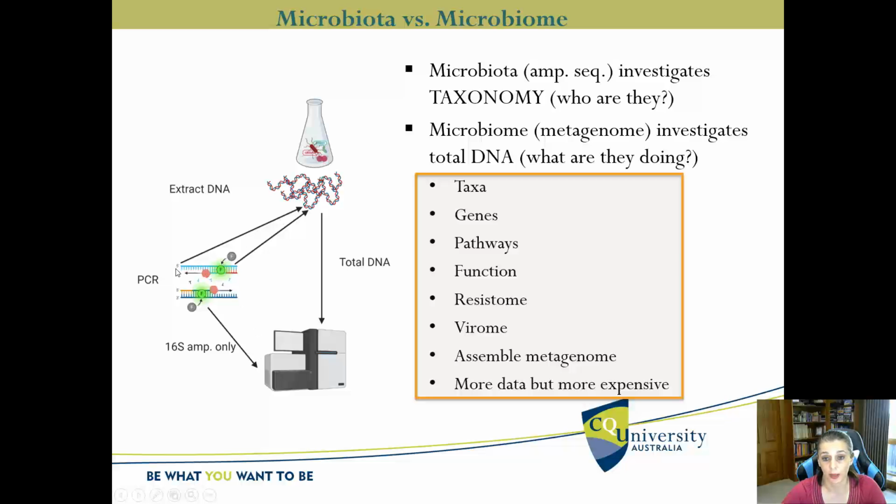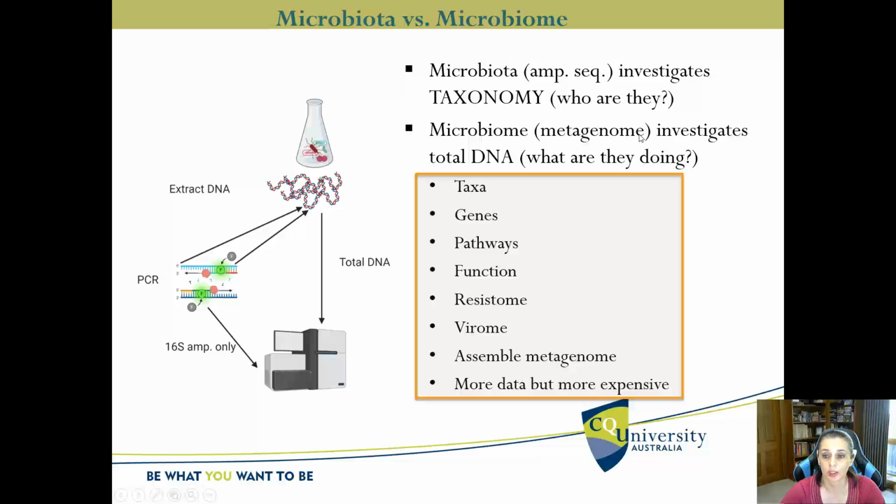It's much cheaper, about 10 times cheaper than sequencing total DNA. And it gives you taxonomy only, because you're sequencing part of a gene that can tell you who they are. Microbiome is the type of analysis where you look at the collection of all genomes, all genes in the community, and it's done by metagenome sequencing.